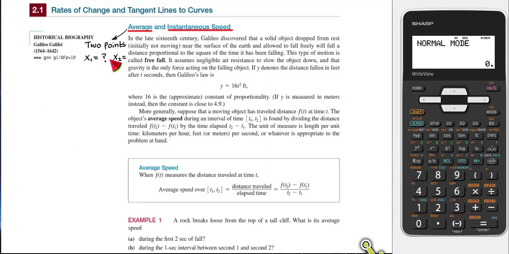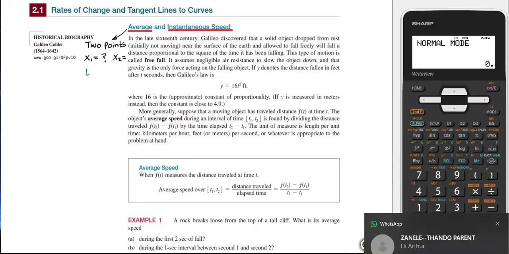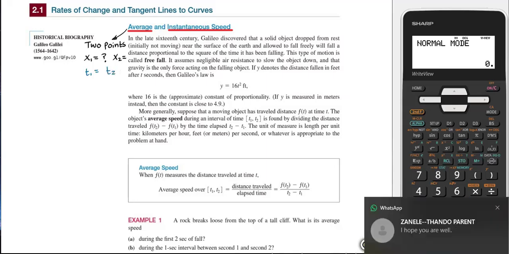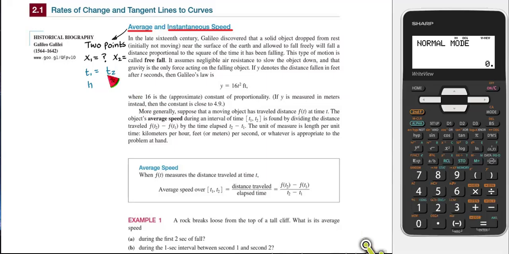Now, in place of x, they can use any letter. Sometimes they use time, it can be time t1, it can also be t2. Sometimes you can work with an h or whatever, but I'm going to limit it to x and time only at this point.